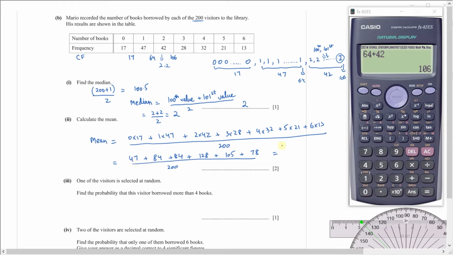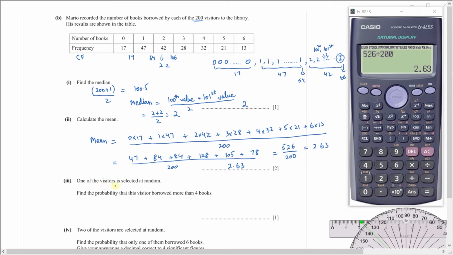So let's add them all. 47 plus 84, 84, 128 plus 105 plus 78, 526, divided by 200. So your mean value here is 2.63.